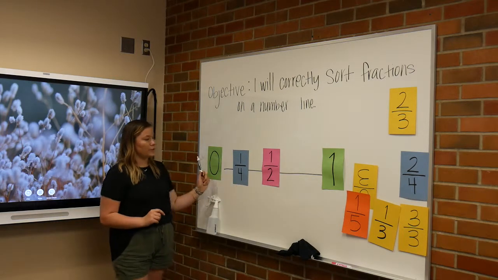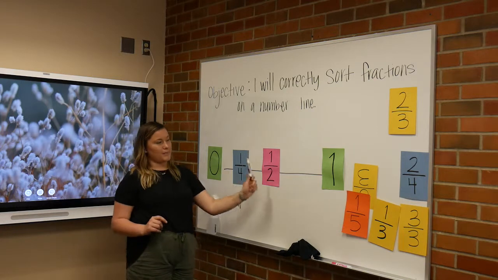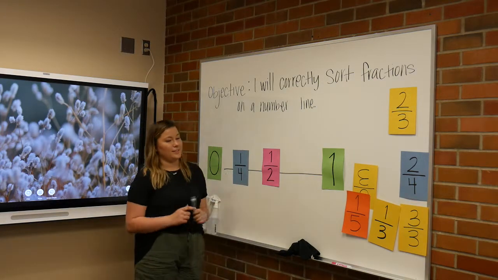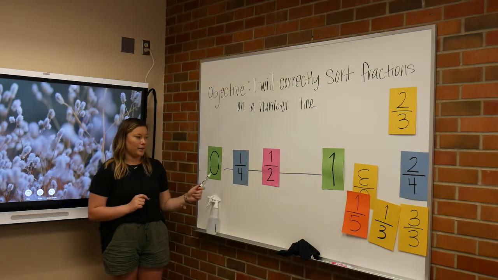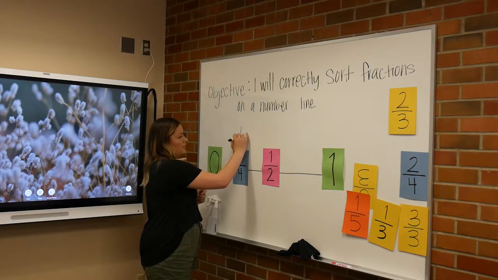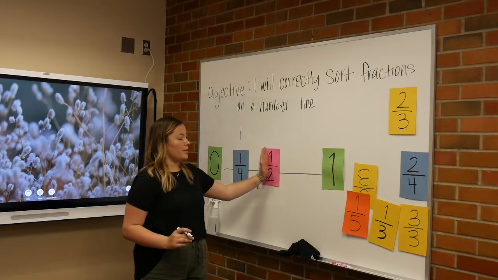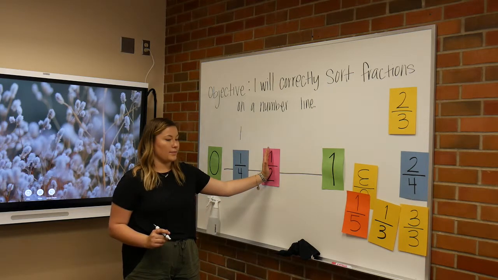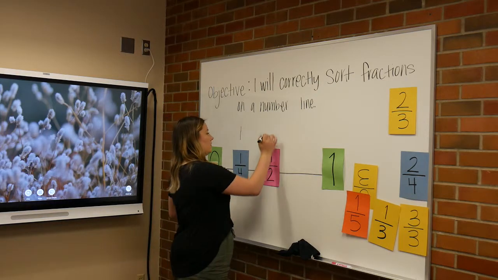So now if we're using 1/4, how many parts are we breaking up the number line into? 4 parts. So if we have 1 part here, and then we go another part here, what is this part? 2.